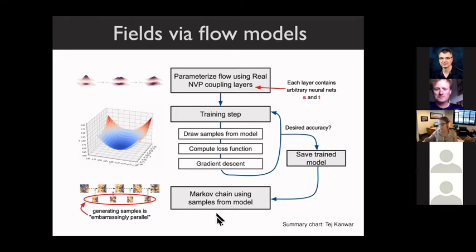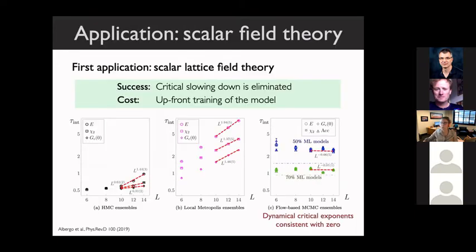And you can see that an approach like this applied to scalar field theory actually overcomes the critical slowing down. So on this slide, we have here tau int, that's the integrated autocorrelation time, a measure of the correlation between steps in your chain, or a measure of the cost. And you can see that for hybrid Monte Carlo, you have this exponential divergence of this cost as you move from left to right along this plot, which is along a critical line.